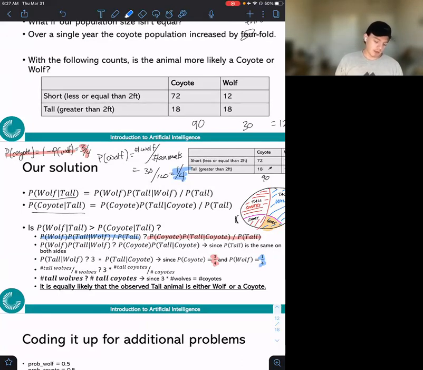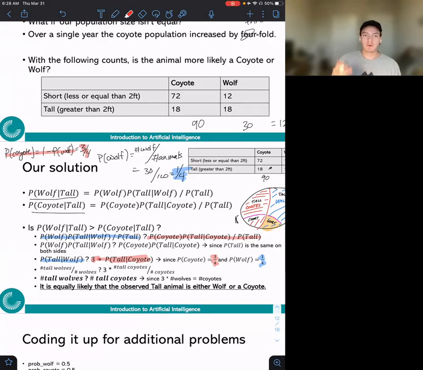And so now we have this expression where we have the probability of a tall wolf, 3 times the probability of tall given a coyote. So now we're at the same stage that we were before, where we need to do these new state space or sample space calculations given our individual wolf or coyote populations.